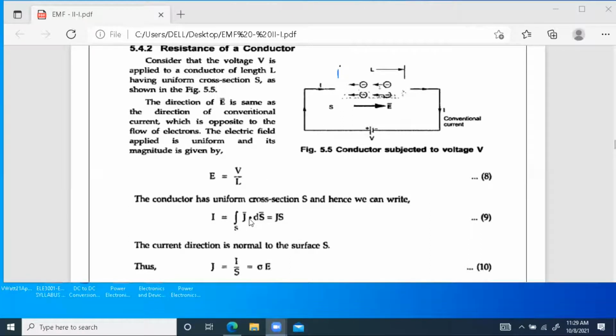So J dot dS will just give you the normal component, because of the dot product we're using. So it just amounts to J times S.